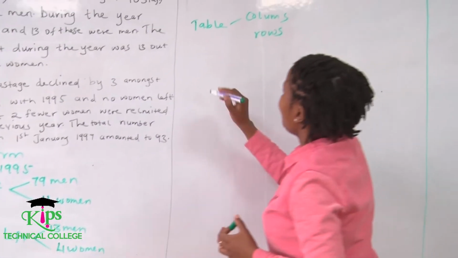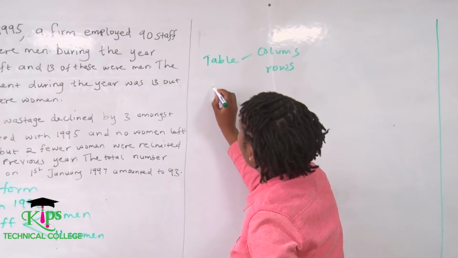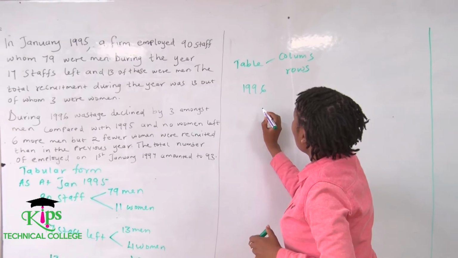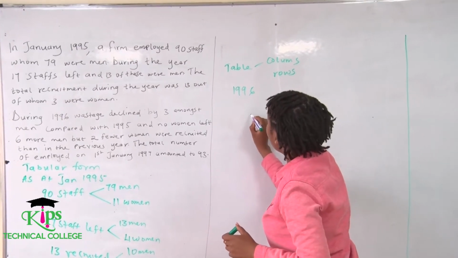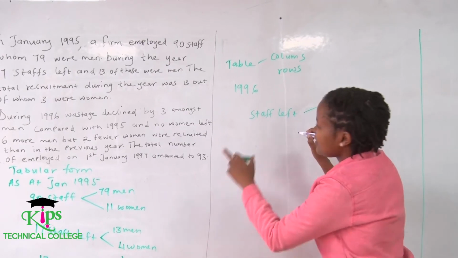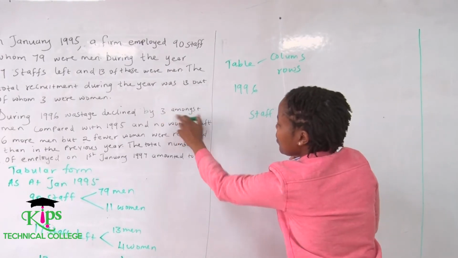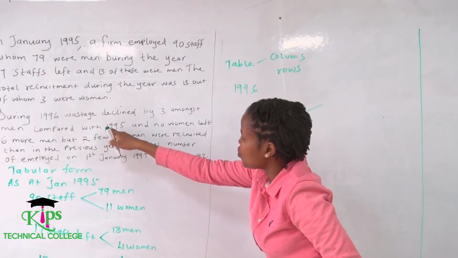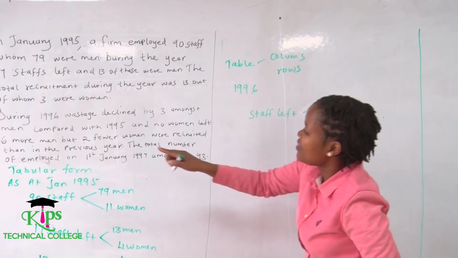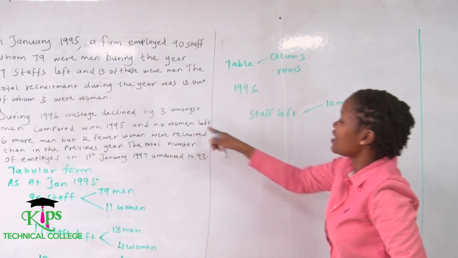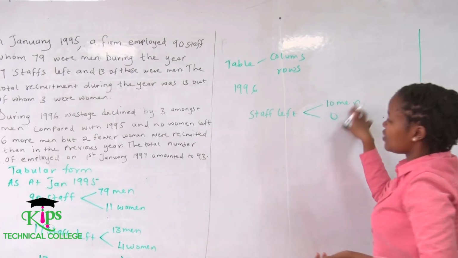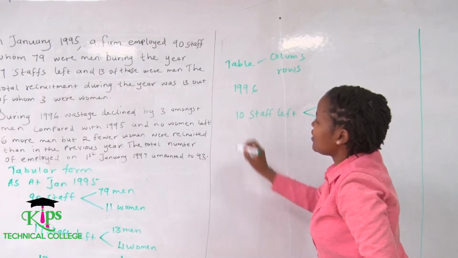So for those staff who left in 1996, amongst men there were 3 less than what was there in 1995. So it means there were 10 men, and no women left, so that was 0. Meaning the total number of staff who left in 1996 was 10.